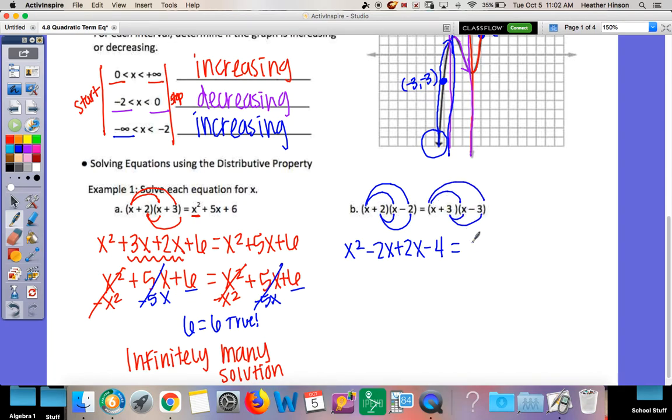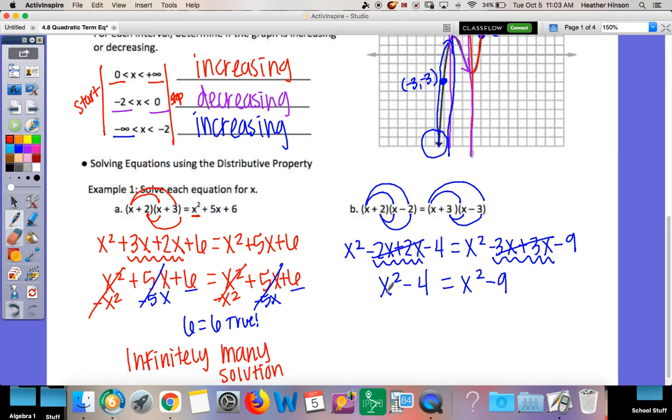So x times x, x times negative 3, 3 times x, and 3 times negative 3. Finish your FOIL by combining like terms on both sides. Negative 2 plus 2 cancels. Negative 3 plus 3 cancels. And then I can solve for x.